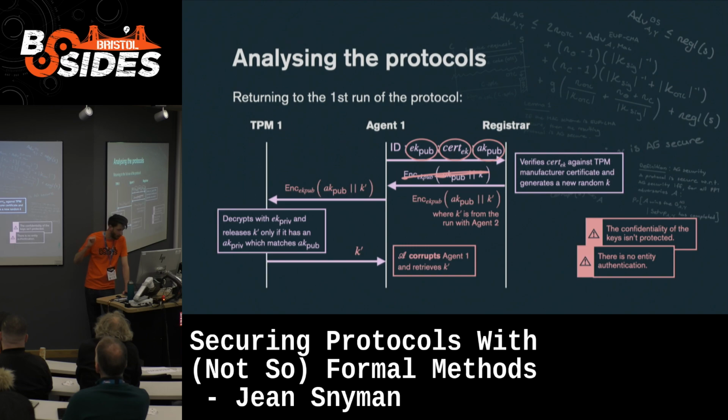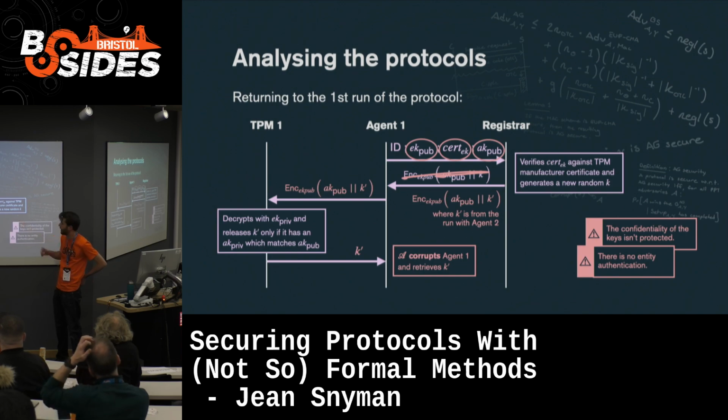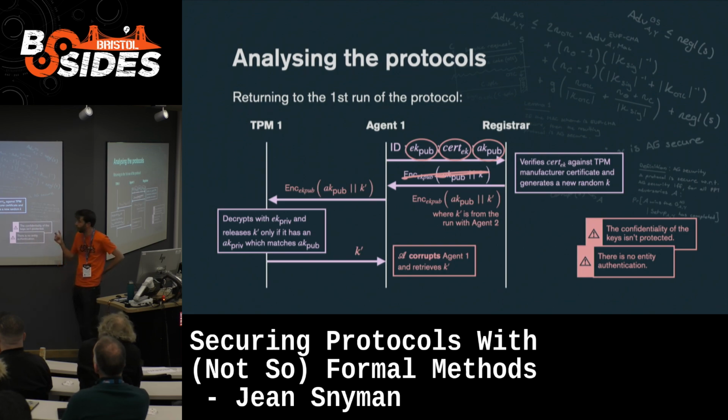That obviously carries all the way through. The agent forwards that to the TPM. But note that this EK pub is the EK pub for this TPM 1, because we swapped it in the other run of the protocol. So this TPM successfully decrypts K prime, which is the K from the other run of the protocol.